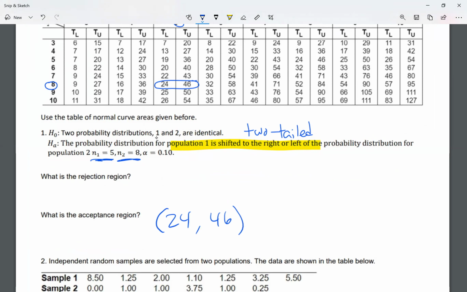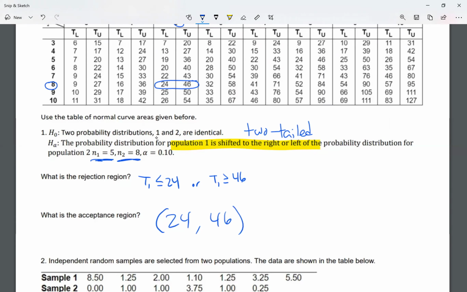I'm going to accept the null hypothesis if my test statistic is in between these two values, between 24 and 46. That is my acceptance region. But I have to know what my rejection region is. My rejection region is when my T statistic has to be less than or equal to 24, or, big key here, my T statistic has to be greater than or equal to 46.